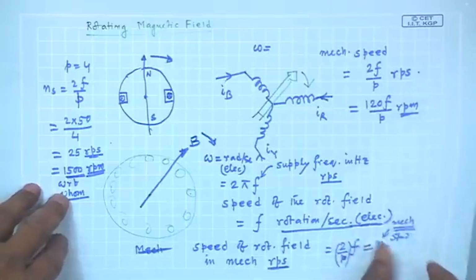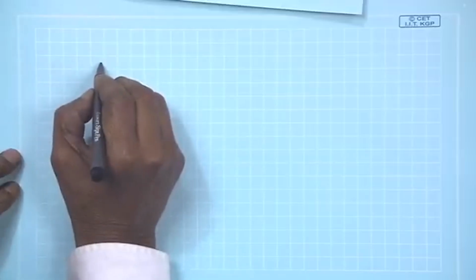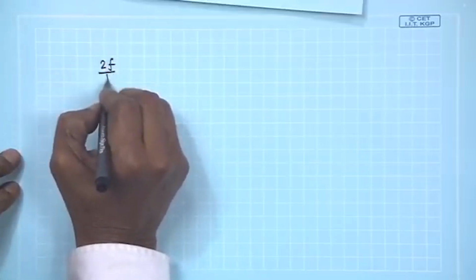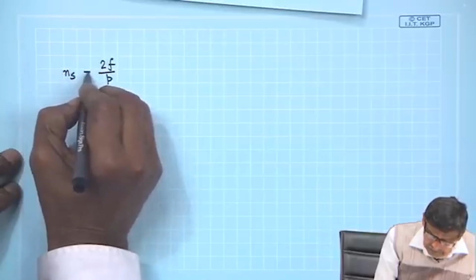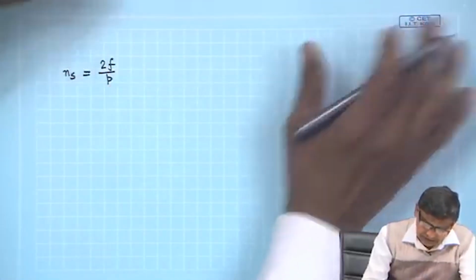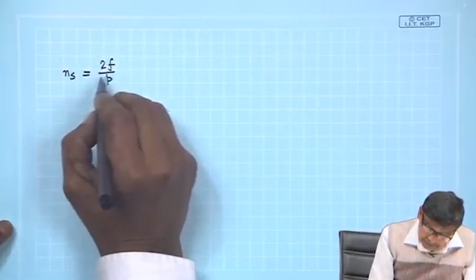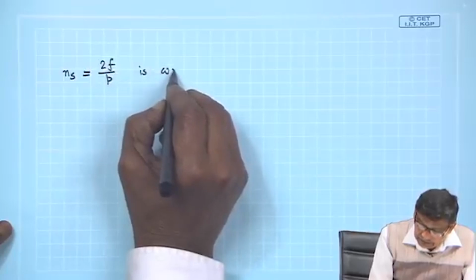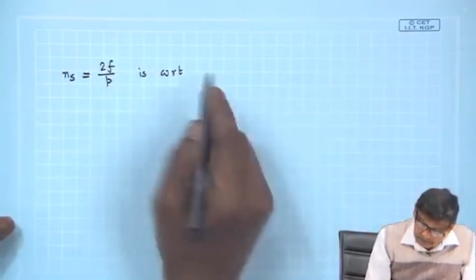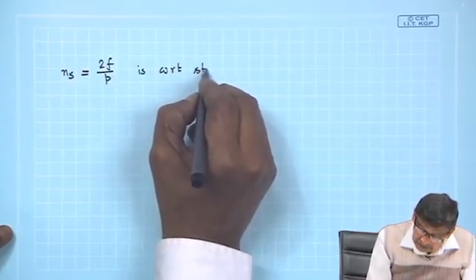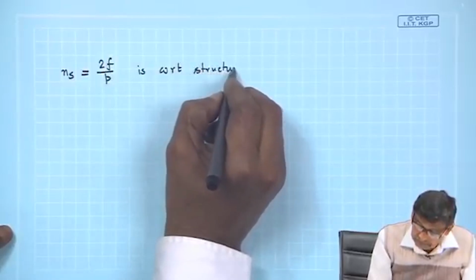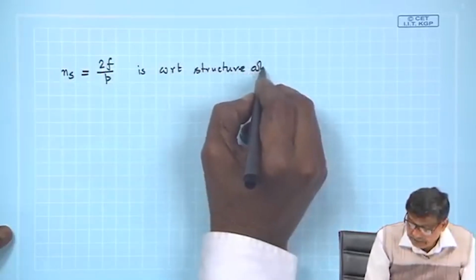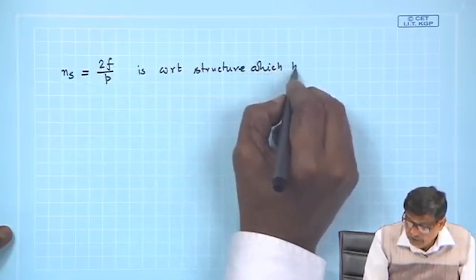This I am writing, you also write it down, this is very important: that speed 2 f by p, the mechanical speed, ns, this speed is with respect to the structure which houses the winding.